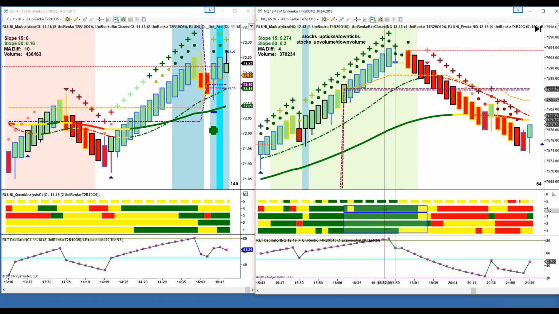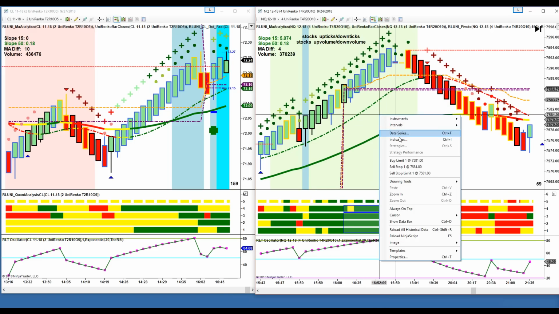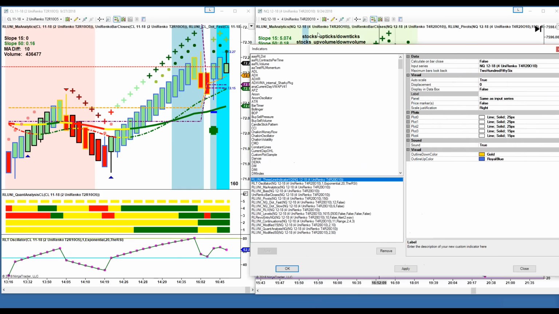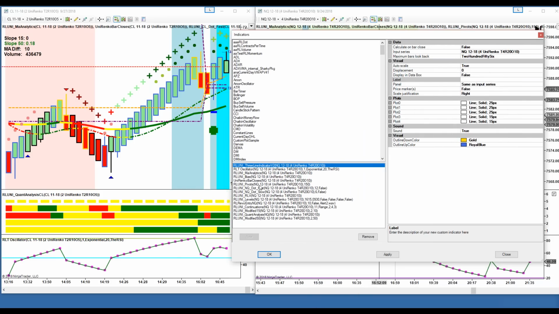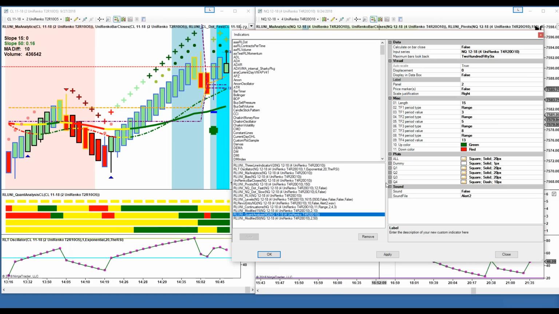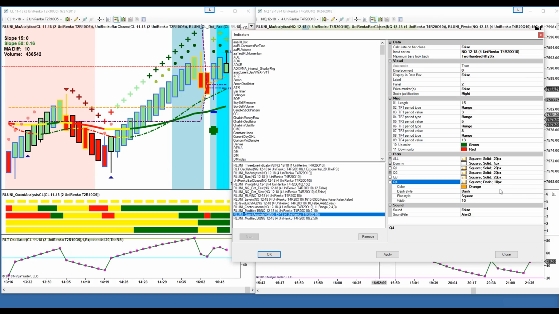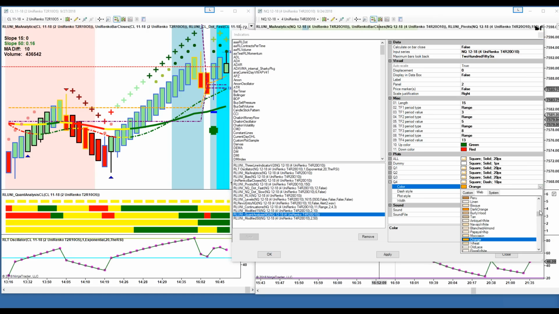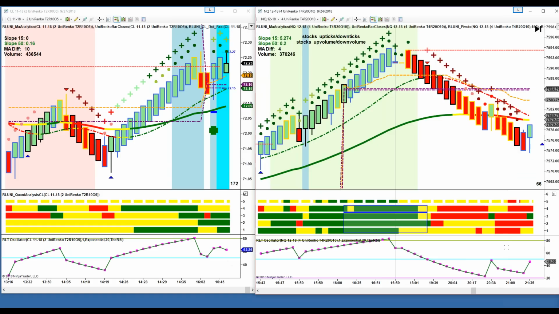And you do need to pay $60 to Kinetic to get the data as a second data feed to power it. And if you don't want to use it, all you have to do is go into the indicators and go to quants here and go to line 4 and make it transparent, and it'll disappear. So it won't get in your way. It won't be some awkwardly ridiculous color. It'll just disappear from the chart.